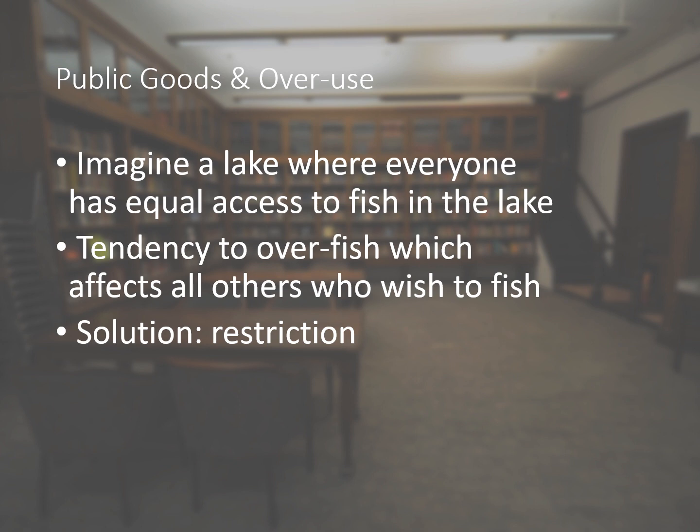A solution to overuse is restrictions, and this is why most states, if not all states, have regulations for both fishing and hunting to protect natural resources so that everybody can enjoy them. This is very common, and these restrictions are made by communities themselves to police themselves so that there's mutual benefit for everyone, so that everyone can enjoy these public resources.